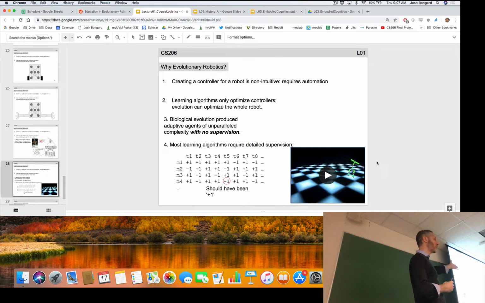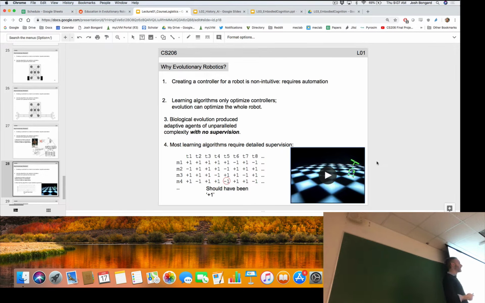All we have is a robot, and that robot works or doesn't work, and we just get back a single number. It's basically a number that says the robot traveled 1.8 meters forward. So the number we get back is 1.8. We take that number. Where's the problem? Where do we make a change in the robot's controller to make it travel further than 1.8? We don't know.